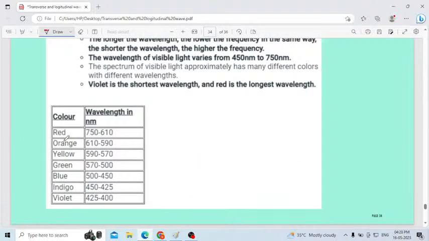Here I have mentioned the intervals of wavelength in nanometers. Red is 750 to 610, orange 610 to 590, yellow 590 to 570, green 570 to 500, blue 500 to 450, indigo 450 to 425, violet 425 to 400.